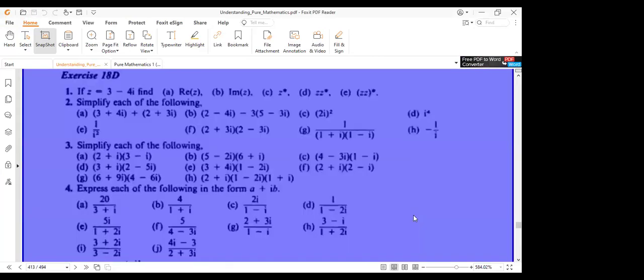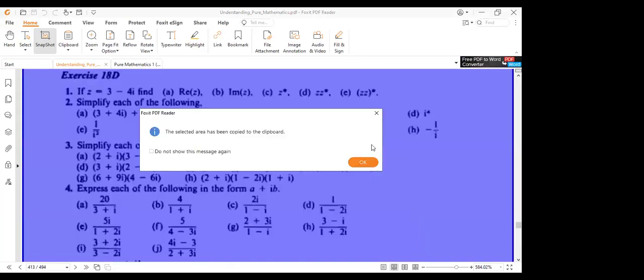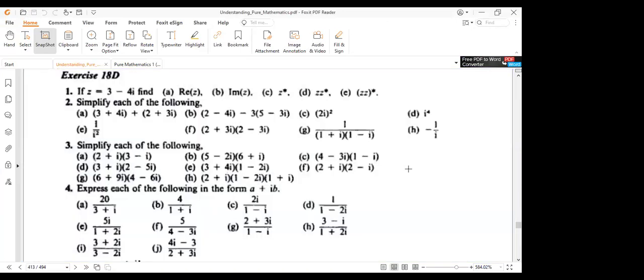But complex numbers are not only in Sadler. Can you take that screenshot? It has those numbers, and they can be useful for your exercise. Should I scroll? Number 1, part C is not seen.